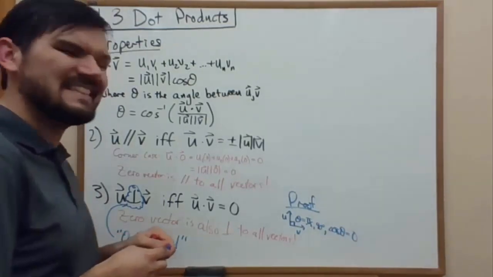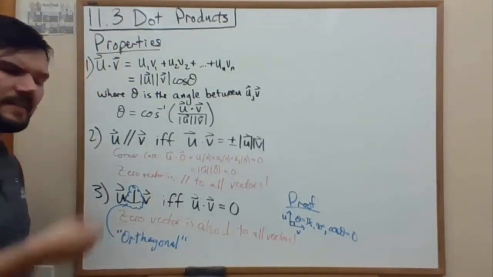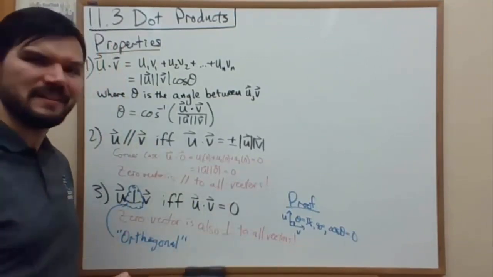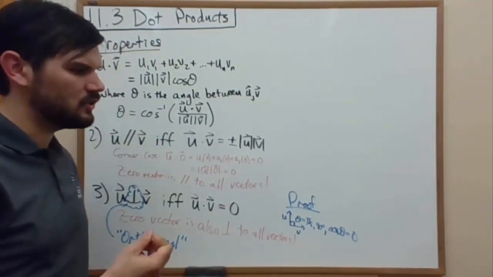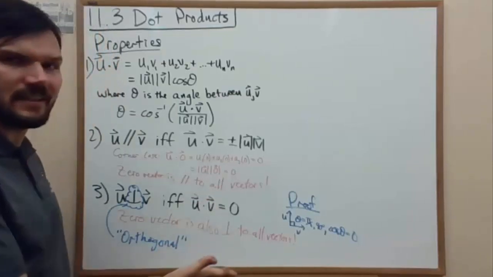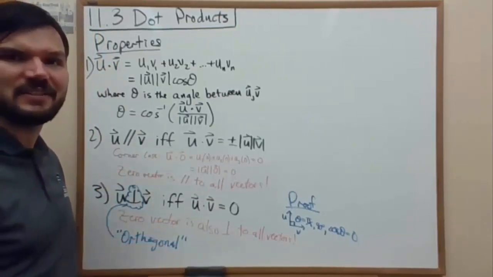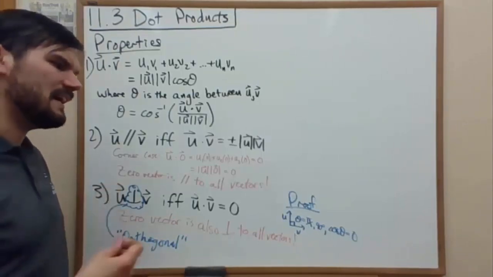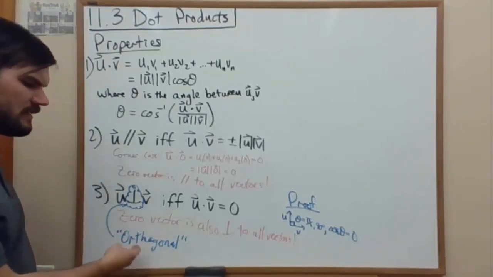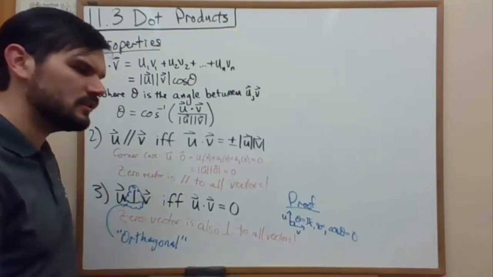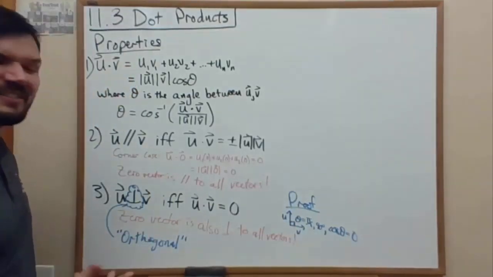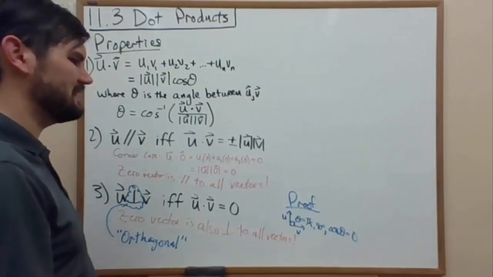And orthogonal simply means the dot product is 0. It so happens to mean perpendicular as long as the vectors are not the 0 vector. Neither one is a 0 vector. But orthogonal is a new term to include the 0 vector where this idea of an angle between two vectors no longer is valid.